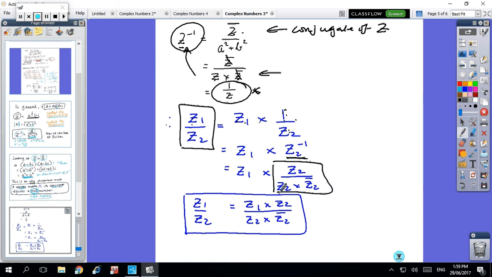Okay? And so in the end, this is the only thing you have to remember. All the other work just leads to this page, this formula. To get division, you put z1, you multiply by the conjugate of z2, and then you divide by z2 times its conjugate. So we'll see what that looks like on the next page as an example. So copy that down.